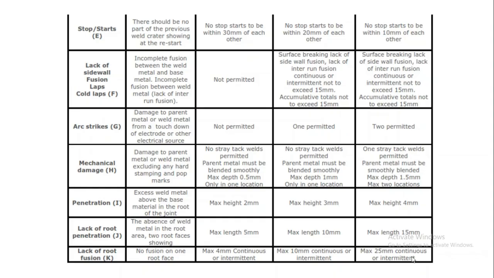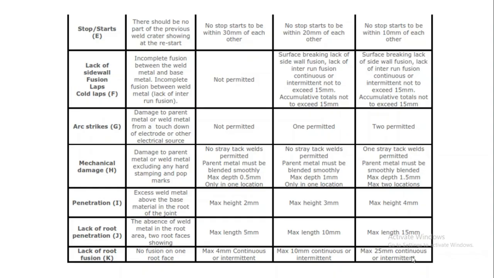Then lack of root fusion. It's the same as lack of fusion, only that will be in the root. That weld metal to weld metal is not fused properly, or weld metal to parent metal is not fused properly. Here you have to consider the length, either continuous or intermittent.